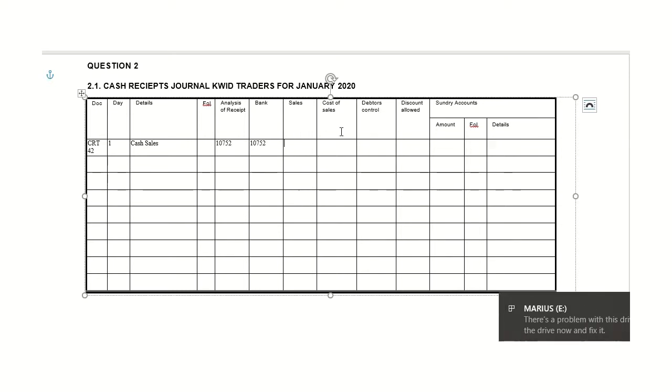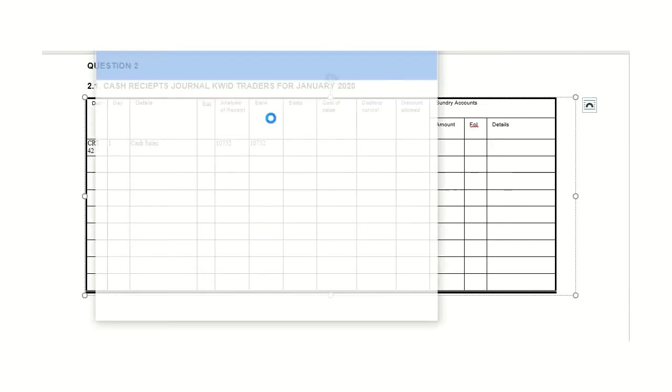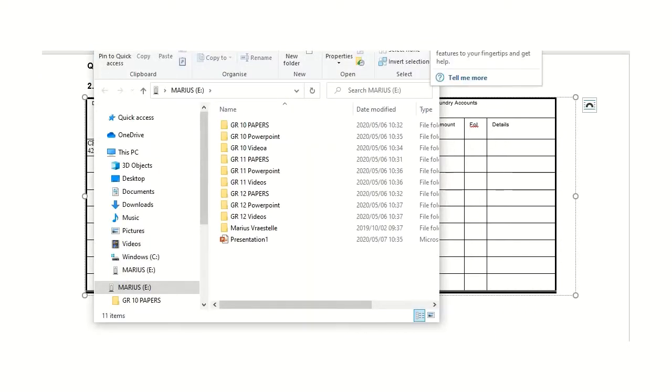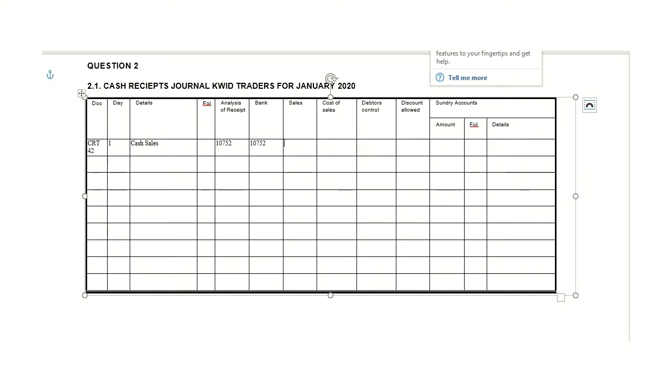What was it that we received? We received money for sales. So that 10,000 was sales. So I must put it in under the sales column, 10,752. Very important, if I put something under the sales column, I must also put in the cost of sales.